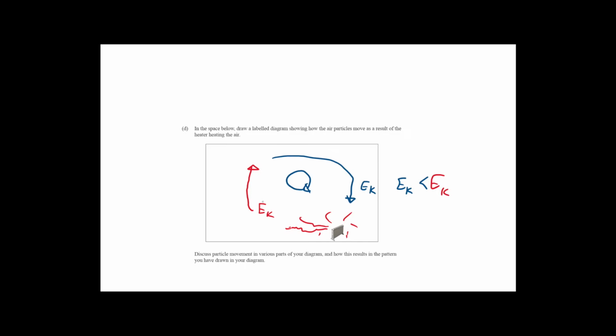Basically, hot air rises because it wants to expand upwards and outwards, and the only place it can go is up. The fact that it has more energy means it can overcome gravity by rising, and cold air, because it has less kinetic energy, can't overcome gravity, and therefore it falls.